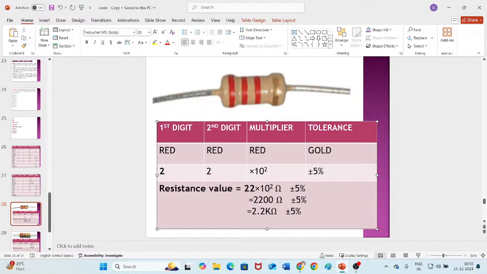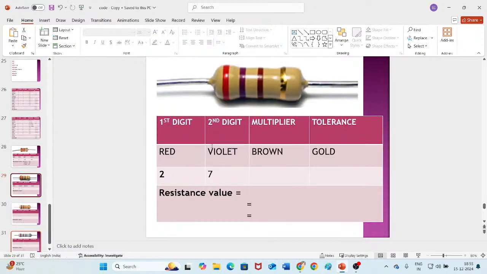You people do it and mention the answers in the chat box. Now let us see the next one. In this you can see it is also a 4-band color coded resistor. Digit 1 is red, digit 2 is violet, digit 3 is brown, digit 4 is gold.